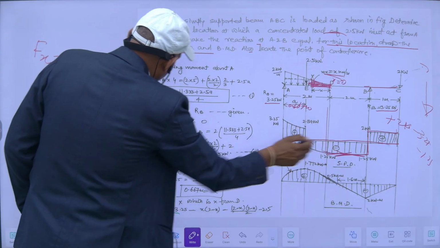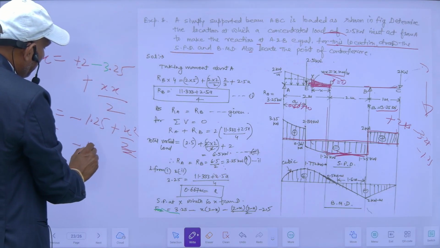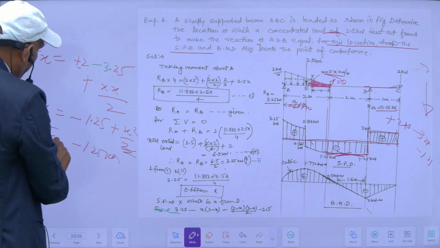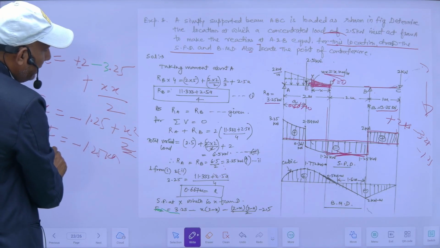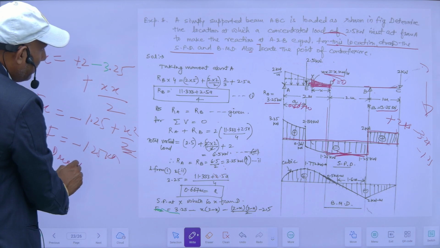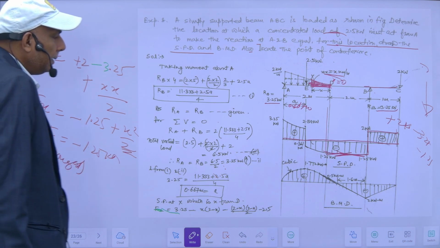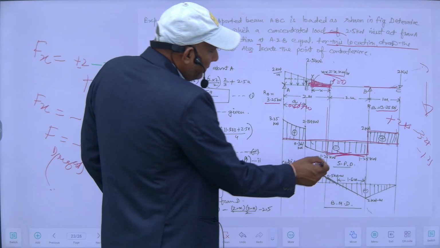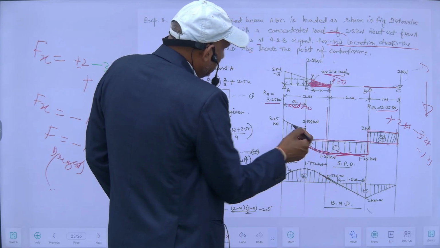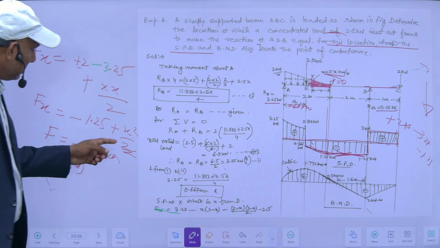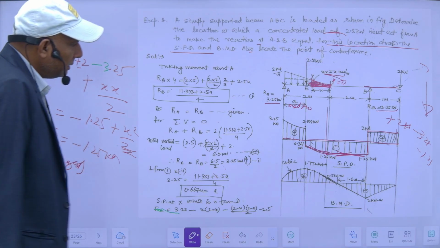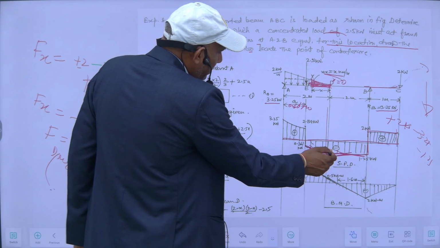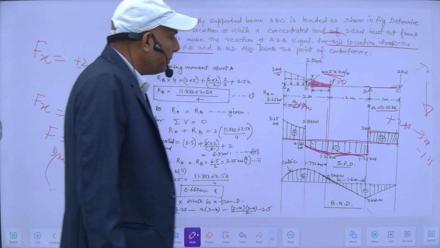This is constant, minus 1.25 as I drew earlier. This will be FD right side. And from here to here, this is a parabola, so my shear force will vary parabolically.